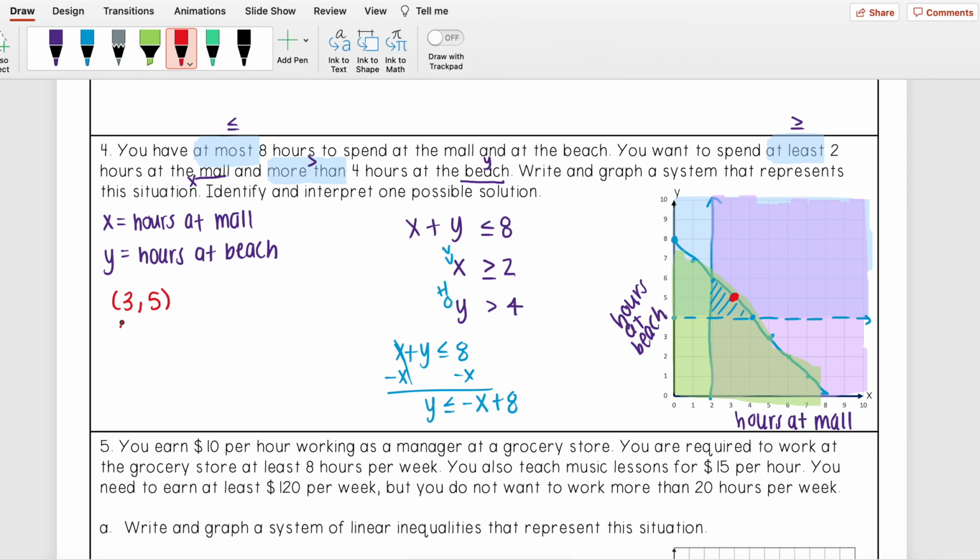Remember 3, that's my x, so that's going to be the mall. 5 is my y, and so that is beach. And so if I interpret that, I can say I can spend 3 hours at the mall and 5 hours at the beach.